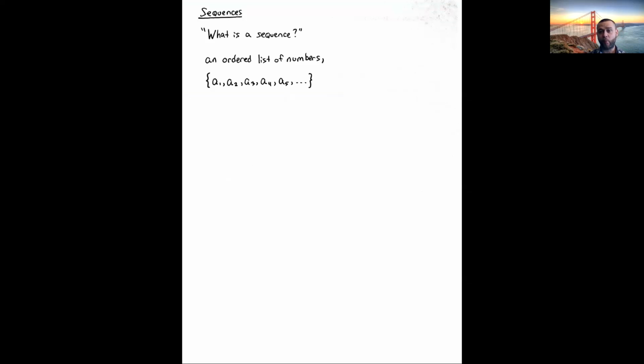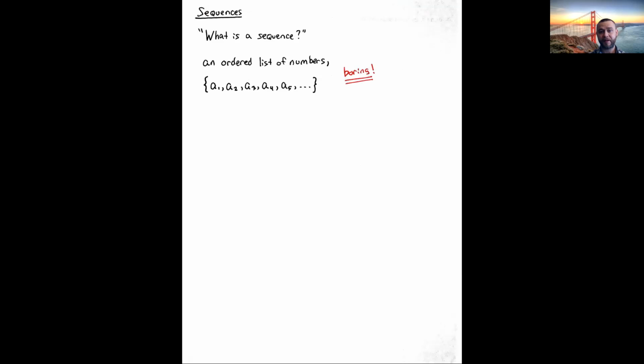Now, if we ask the question, what is a sequence? There's a pretty simple answer: just an ordered list of numbers. We're going to call those numbers a, and then with a different subscript on it, the subscript is going to indicate the order in that list. Now, this by itself is pretty boring, and I'll even admit that myself as a math professor and mathematician.